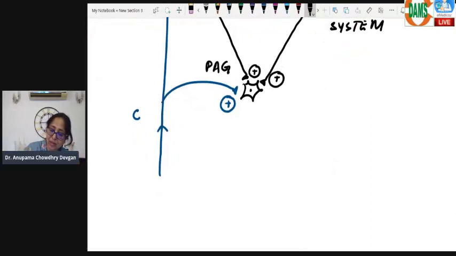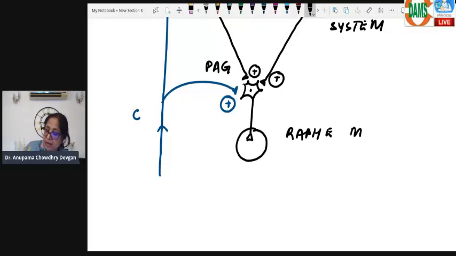Now these periaqueductal gray fibers project to the Raphe Magnus nucleus. And I've already told you, Raphe Magnus nucleus neurons are serotonergic.